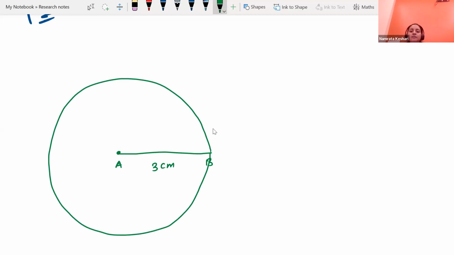Step 1 is, draw AB, of AB equals 3 centimeter.